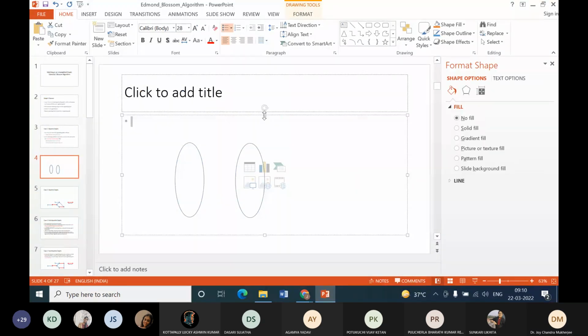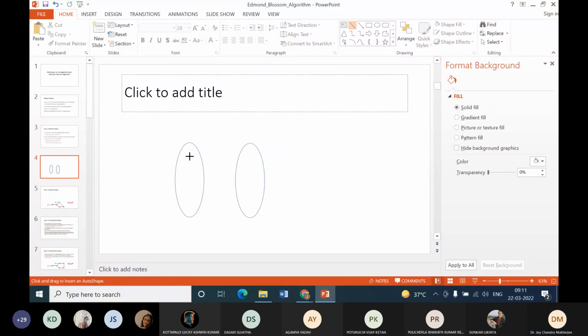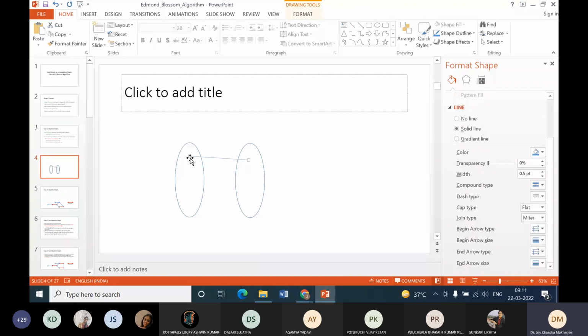Now, suppose this is an unsaturated vertex. From here, I start my search through some unsaturated edge. When I come back to the partite, I use some saturated edge. Then again, from here, I go by an unsaturated edge, and when I come back, I come back by a saturated edge.